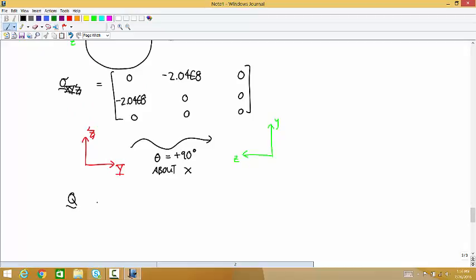So the Q matrix is 1, 0, 0, 0 down the first column. And then you have cosine of 90 is 0, sine of 90 is 1, negative sine of 90 is 1, cosine of 90 is 0.